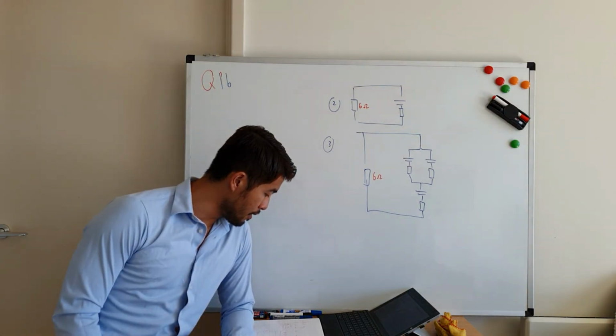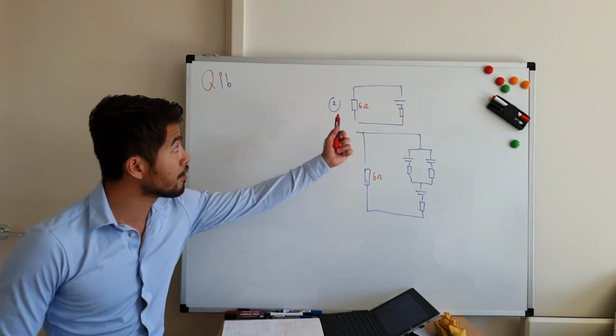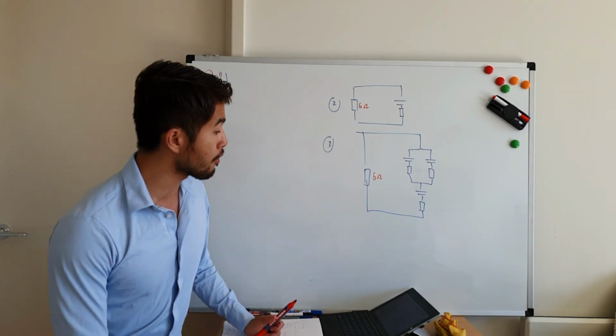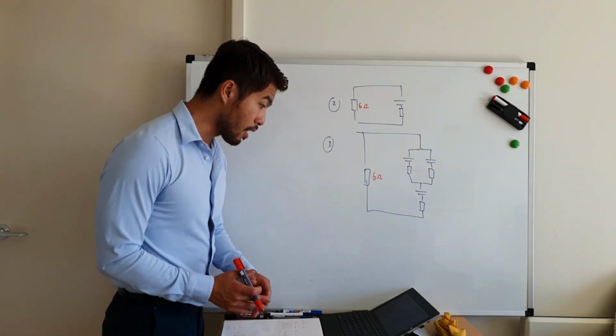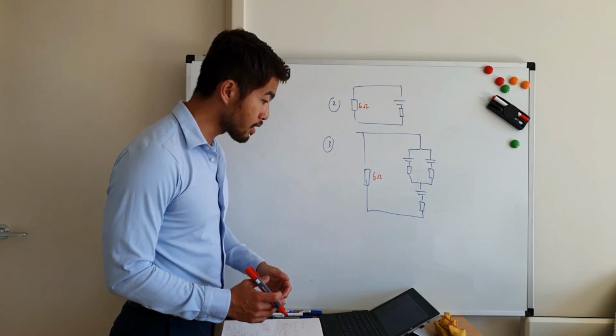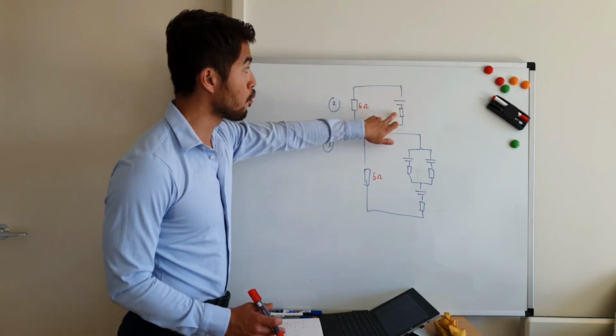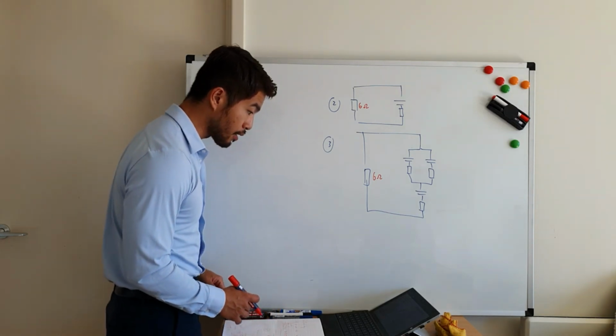Alright, so B is these two diagrams. On the left hand side we have a resistor, which is 6 ohms, and on the right hand side we have a cell with internal resistance. We're going to put the numbers down as well.